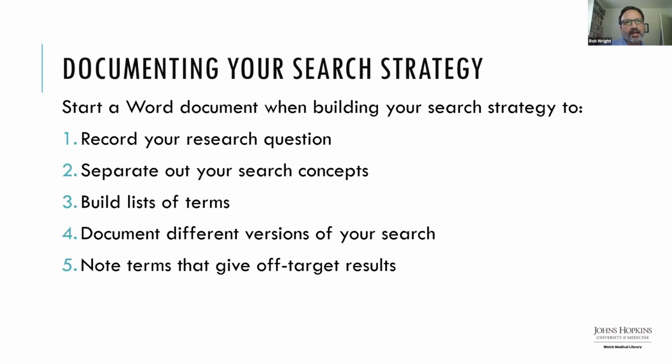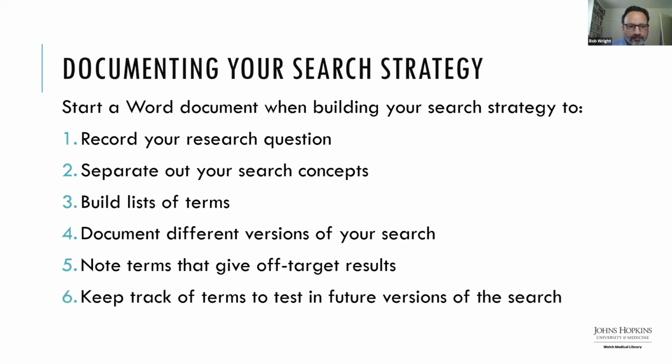It's easy to forget what terms you've tried or what terms you've removed. So having a place in your documentation to note those terms, to say term X gives off-target results, consider removing, or term Y was one I found in those search results, test that in the next iteration of the search. So my 6th point here is that in a notes section, you can keep track of terms to test in future versions of your search strategy.